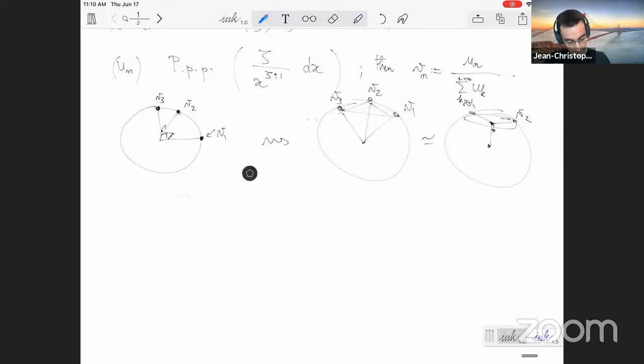So let's say with two levels, we could imagine that this is an equilateral triangle down there, and then same here, and then same here.